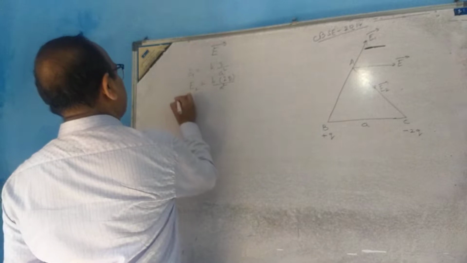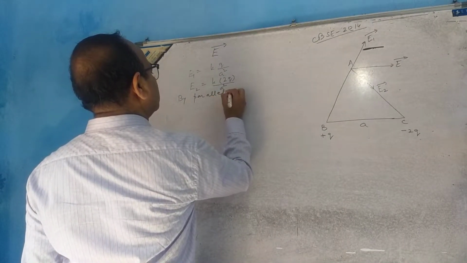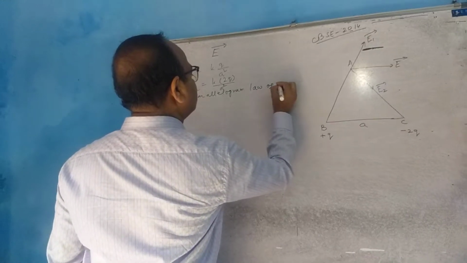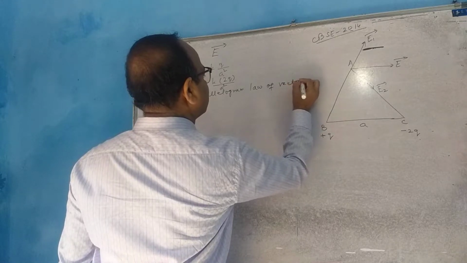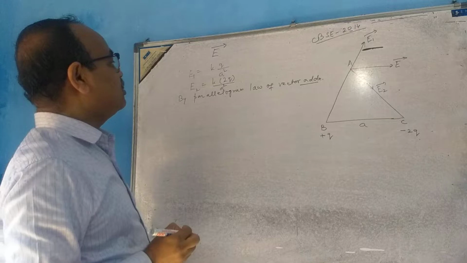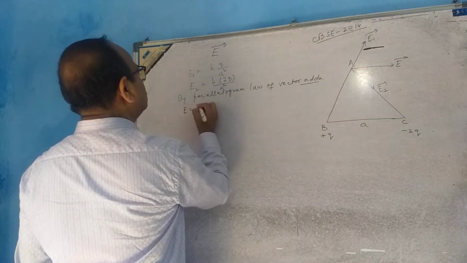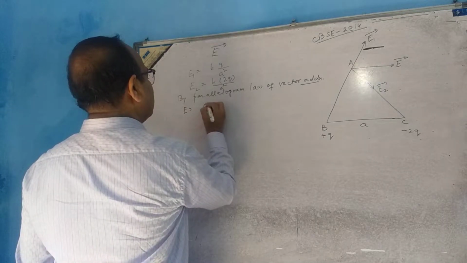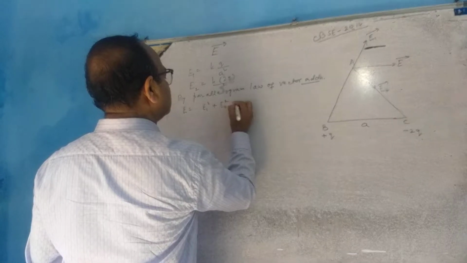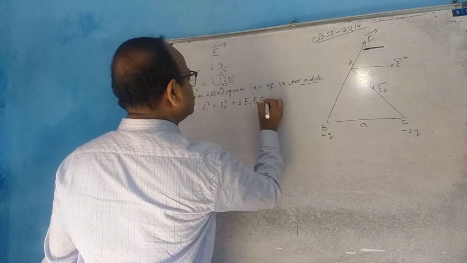So by the parallelogram law of vector addition, isn't it? What shall we have? E is equal to root over E1 square plus E2 square plus twice E1 E2 into cos.